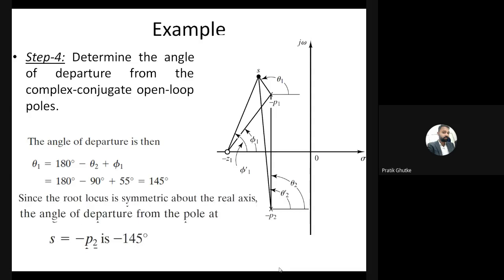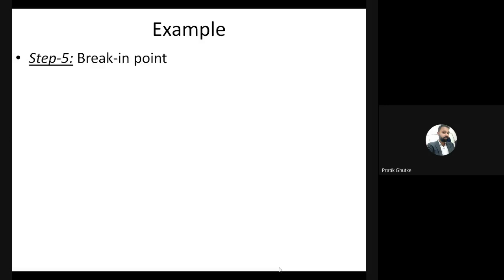Since the root locus is symmetric about the real axis, the angle of departure from the pole at s equals minus p2 is minus 145, and then when s equals minus p1, it will be plus 145. So plus 145 and then minus 145.